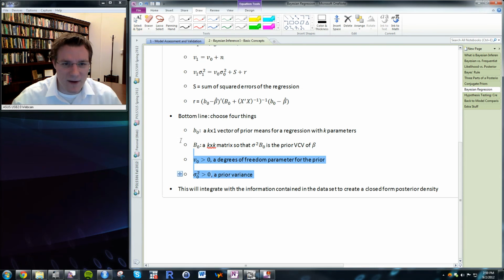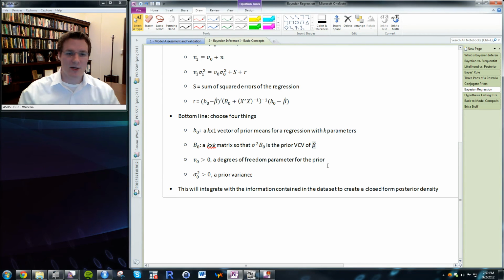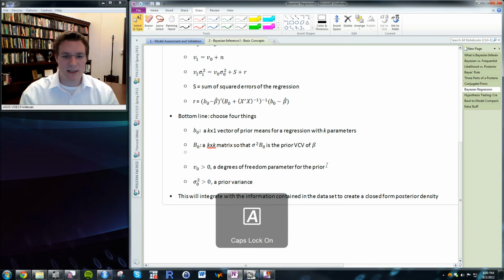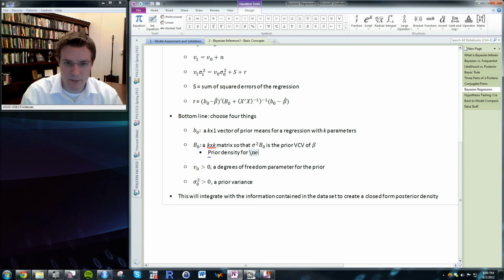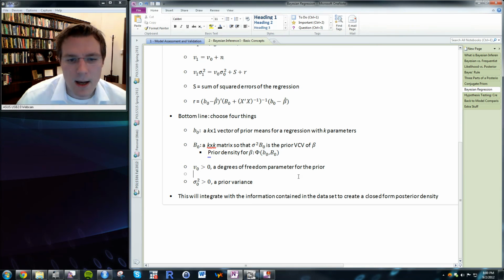So if I specify these four things, this beta 0 and cap B0, actually I should note this, these form a prior density for beta as a normal centered around beta 0 with sigma of cap B0.